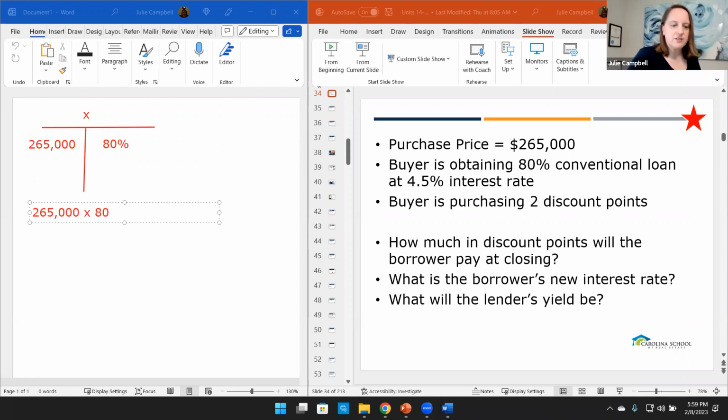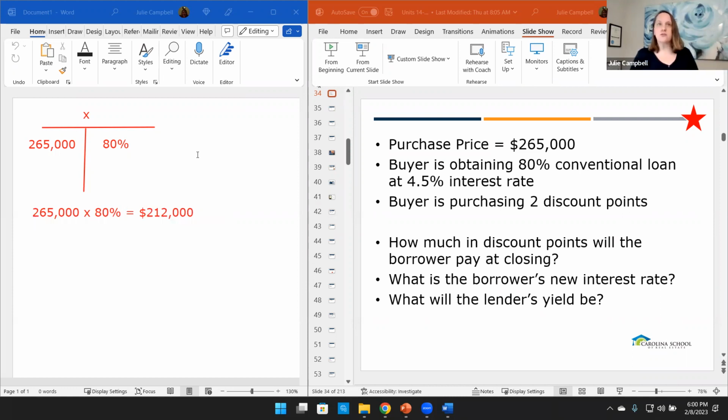You take $265,000 times 80%. We get a loan amount of $212,000. So step one is to find the loan amount.